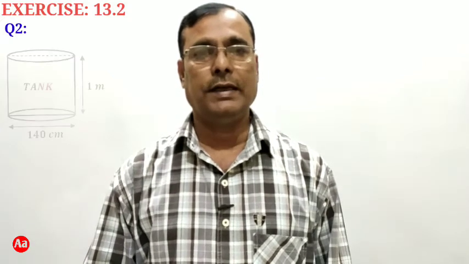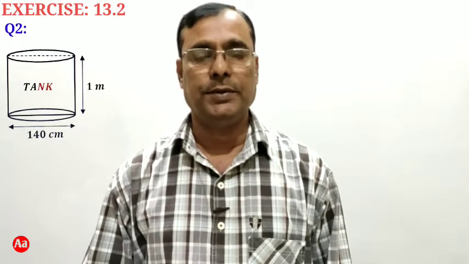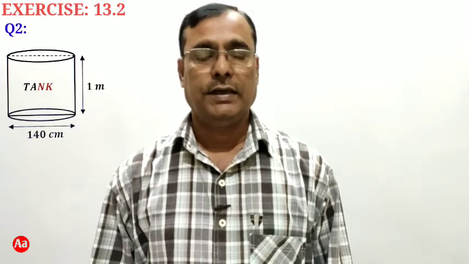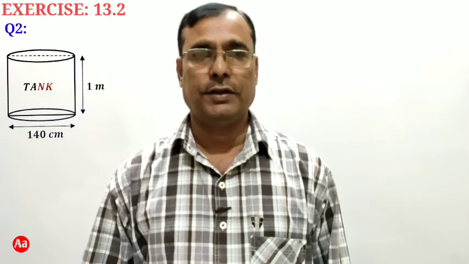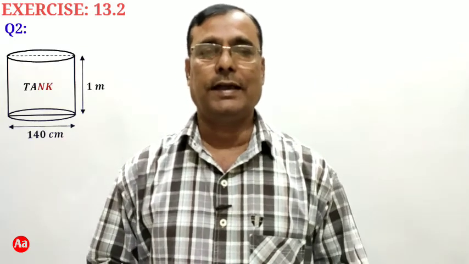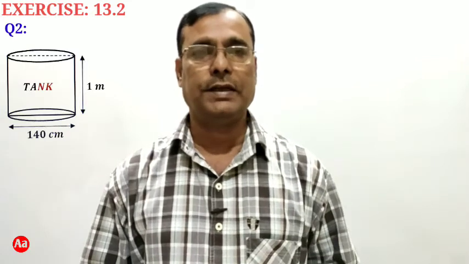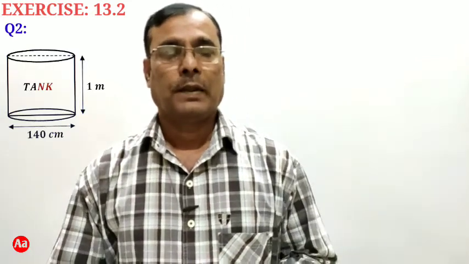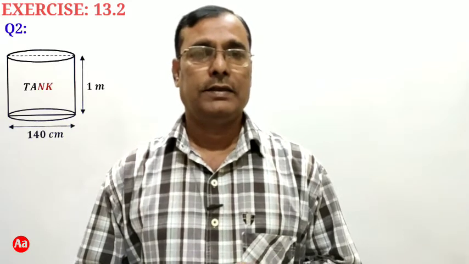It is required to make a closed cylindrical tank of height 1 meter and diameter 140 centimeter from a metal sheet. How many square meters of metal sheet are required for the same, that is for making the closed cylindrical tank? Height of the closed cylindrical tank is given 1 meter and diameter is given 140 centimeter.